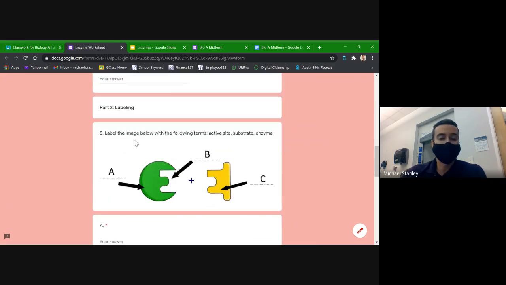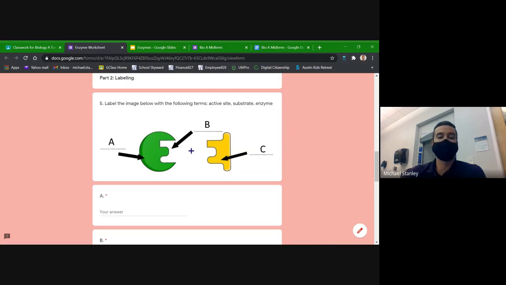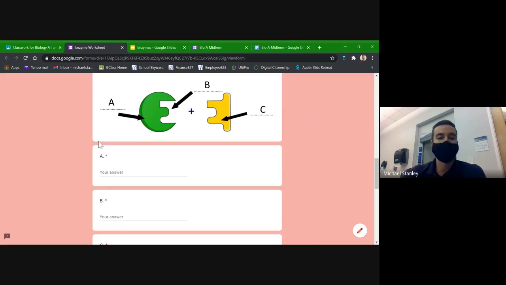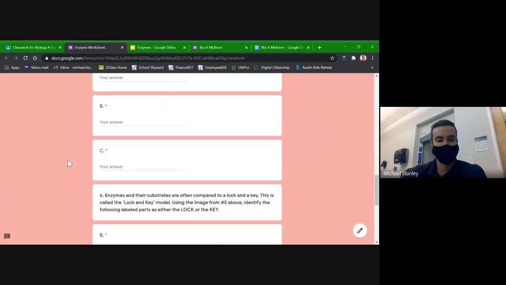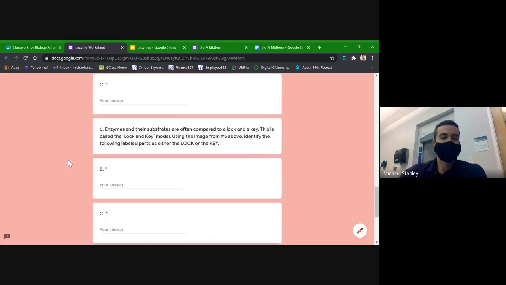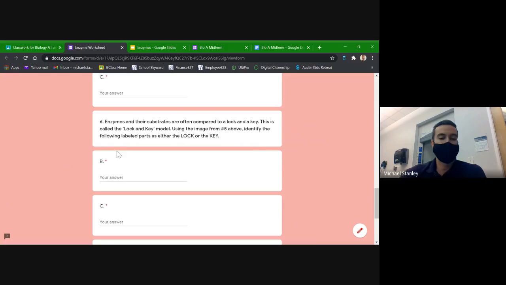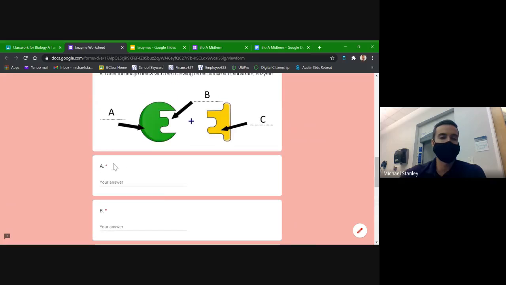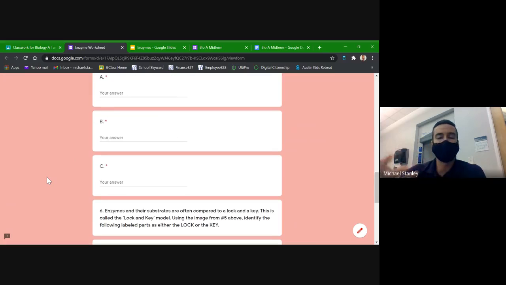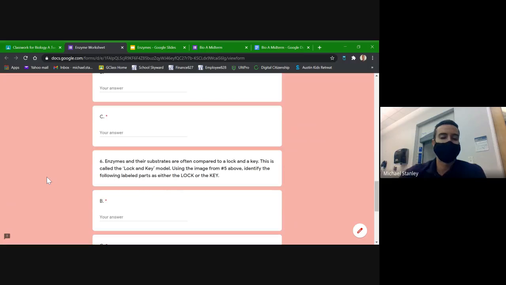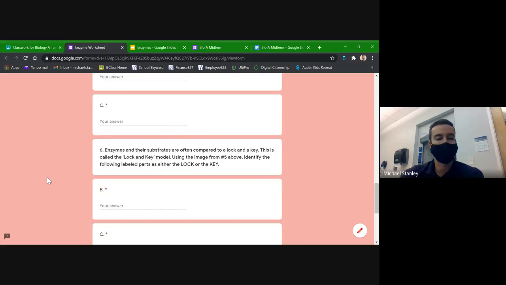There's a labeling section where I want you to tell me which of these labels points to the enzyme, which points to the substrate, and which points to the active site. And then I want you to tell me out of B and C in this picture up here, if we're talking about a lock and key model, which one represents the lock and which one represents the key.